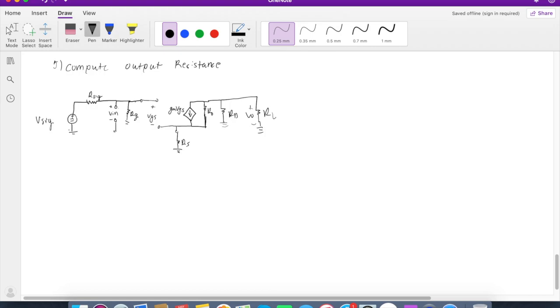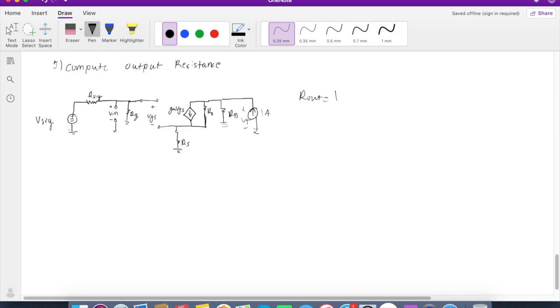Important to know. So as always, when we're finding a Thevenin equivalent resistance, we simply remove where the output terminal is. We can replace it with a 1 volt source or a 1 amp source, which has a voltage Vt, and we can simply write R out equals Vt over the current, which is 1.